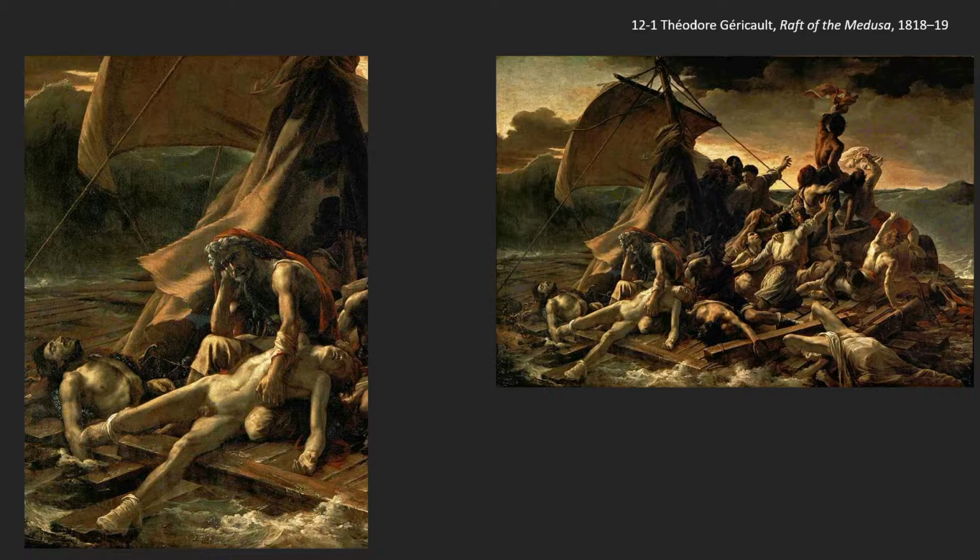In the background, you can see the wave breaking up. Again, the power of nature, a theme that we've been talking about as being part of romanticism, in addition to this focus on darker themes, sublime themes. Those both come into play in this picture.